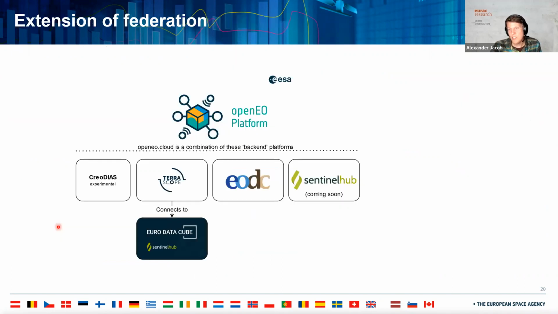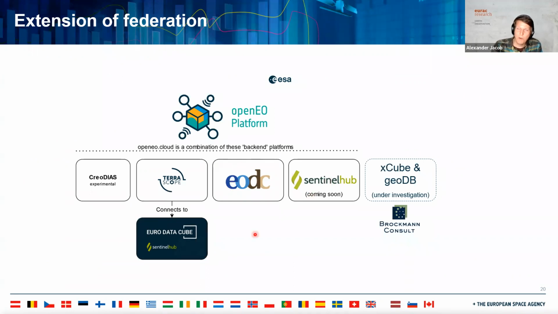On the note of federation, we're also currently working on the extension of this federation. There had been 3 providers so far, a 4th is coming. And then we also work on a different type of federation by including different types of data. So far, most of the processing in openEO has been based on raster or gridded data.